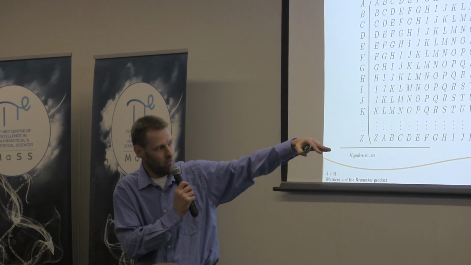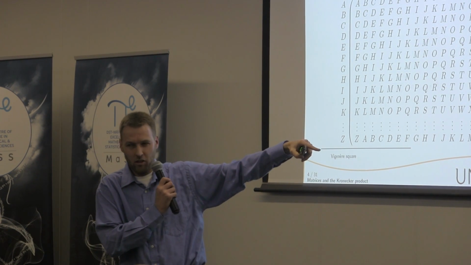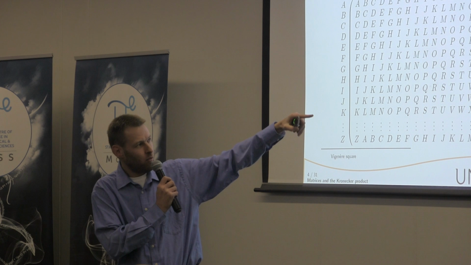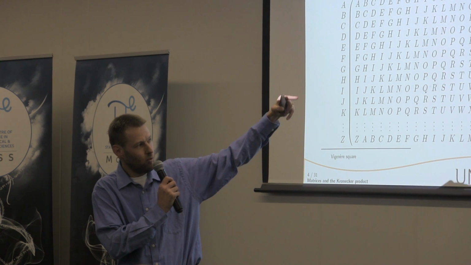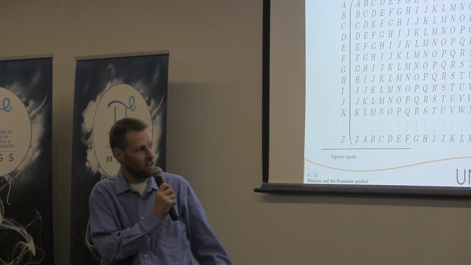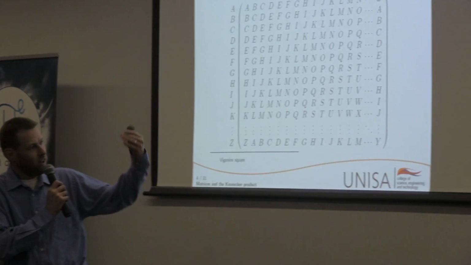Then in the second column, we have an A, and we look up in the A row, in other words, the first row, and we see a B, so the second letter in the encoding must be a B. And so you go on.